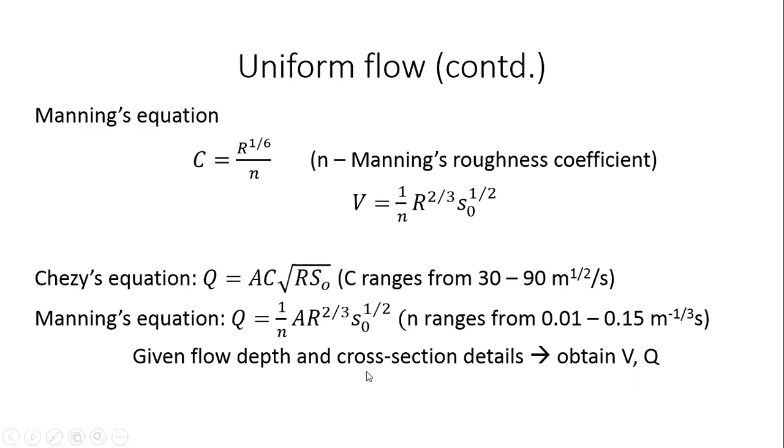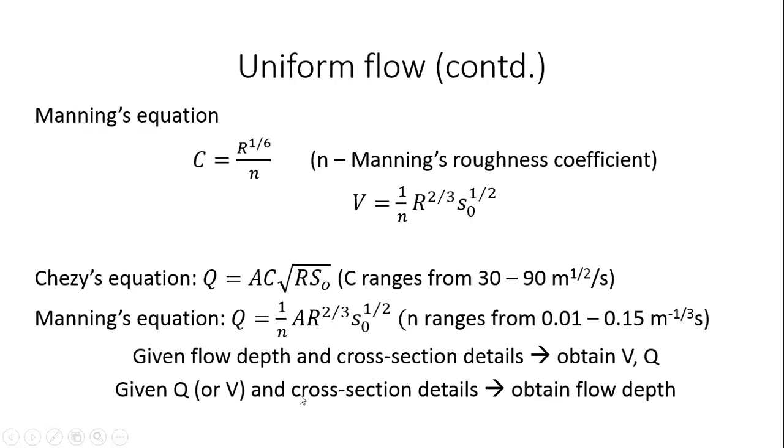The other thing you could do: if I give you the flow rate or the velocity and the cross section details, and you know S naught, you can obtain the flow depth from this, because A and R are functions of the flow depth, right?